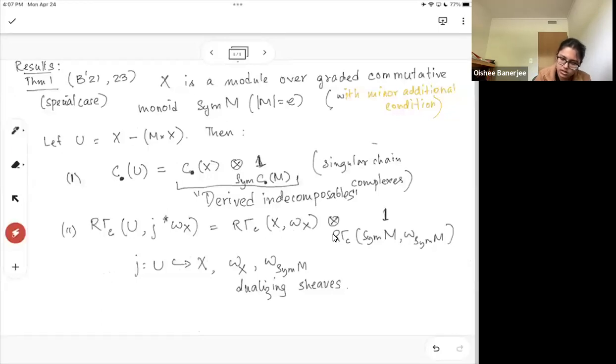So this is a derived tensor product, and the derived tensor product gives you indecomposables in a sense, and here they are indecomposables in chain complexes. And it need not be the case that these indecomposables in chain complex are actually supported over U, but the takeaway is that they are indeed.